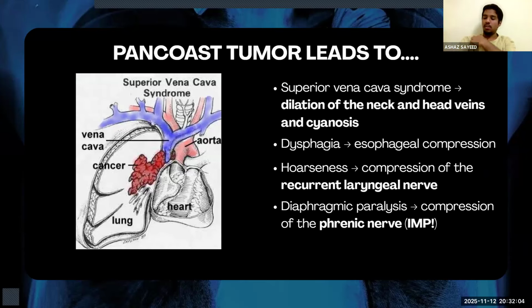So let's say on top, right here, if the tumor grows big enough so that it's now growing in front. It started at the top, now it's growing in the front. And if it grows in the front, it can compress the phrenic nerve, and that's going to cause diaphragmatic paralysis, okay? Now, I marked this important because multiple lectures discuss this, so I'm pretty sure you guys are going to get a question from this, okay?